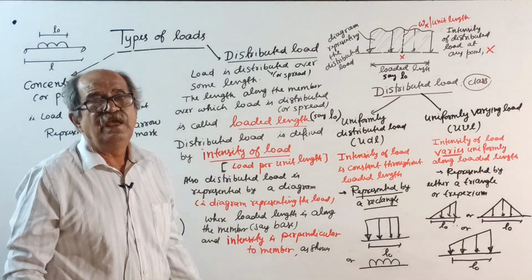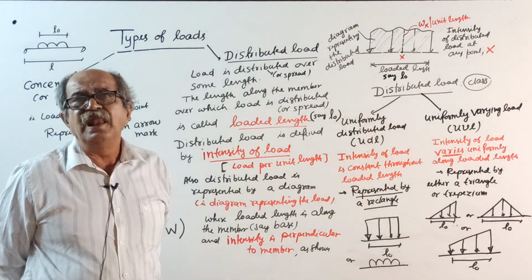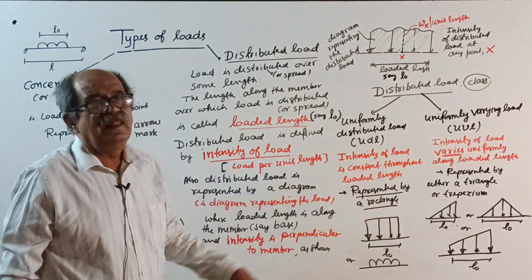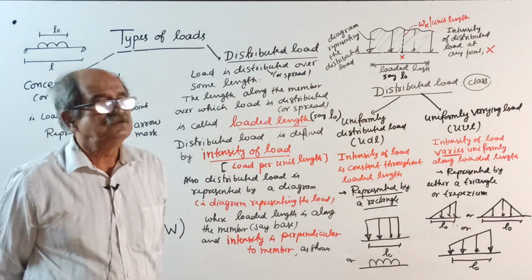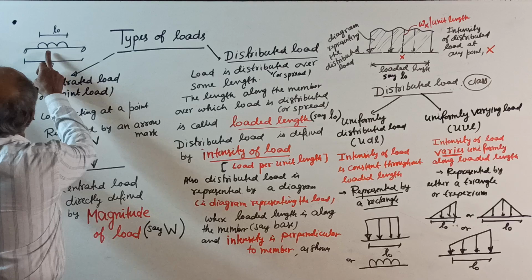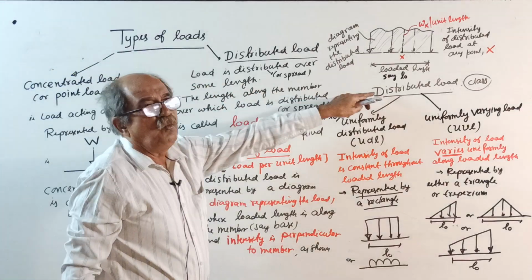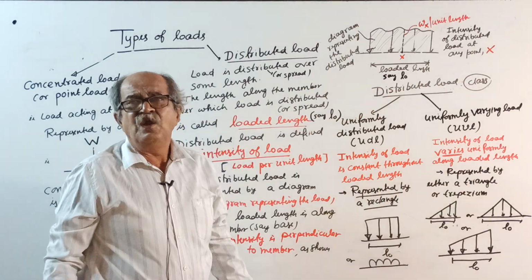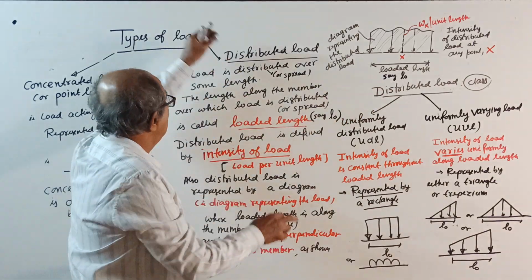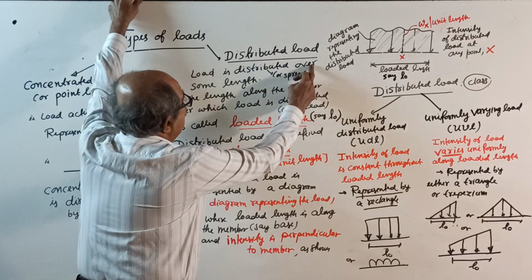So that's why I never tell L as the loaded length. L I always use for length of member. So I will tell loaded length is L naught. So remove it. That's the reason why I told L naught. L naught can be equal to L.